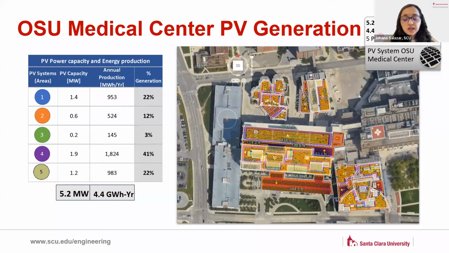As you can see, we placed the panels on the areas with the best irradiance, which are the brightest orange ones, and we avoided placing panels on areas like the purple ones because they weren't good enough in terms of irradiance. We took the same approach for all of the 5 areas, and in total, we were able to produce a system with 5.2 megawatts of installed capacity, able to generate 4.4 gigawatt hours of energy per year.